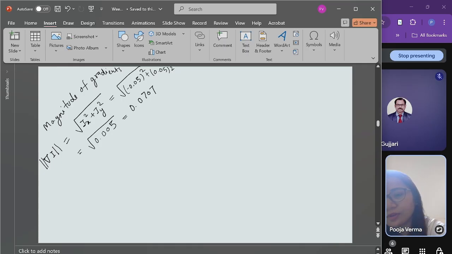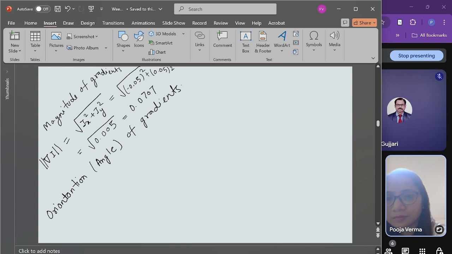Similarly, we have to calculate the orientation in degrees. Orientation, or you can say the angle of the gradient, let's say it is represented by theta. We already know the formula: tan inverse of Iy divided by Ix. So just put the values.